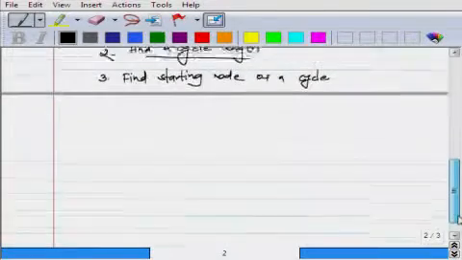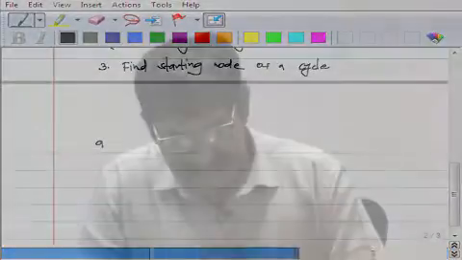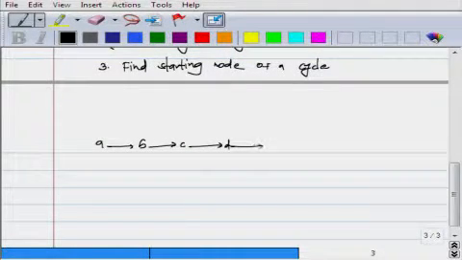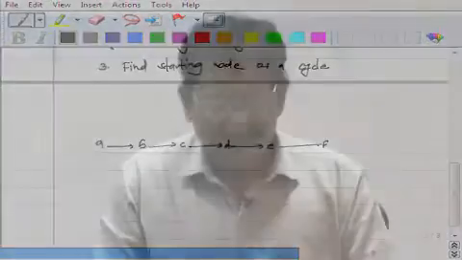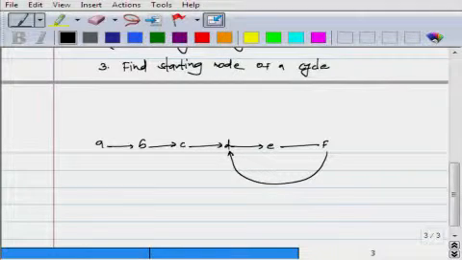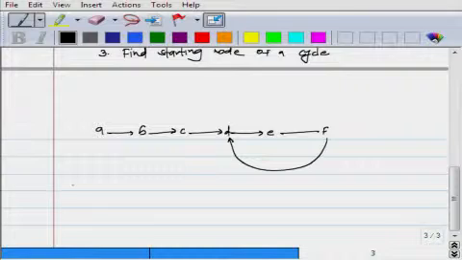To achieve the above objectives, we will consider a simple example: A to B to C to D to E to F, in which the last node is pointing to an intermediate node, let us say D in this example. We will have two different pointers, P1 and P2.